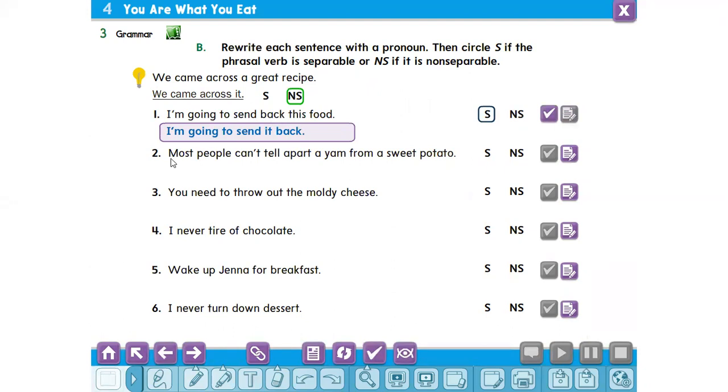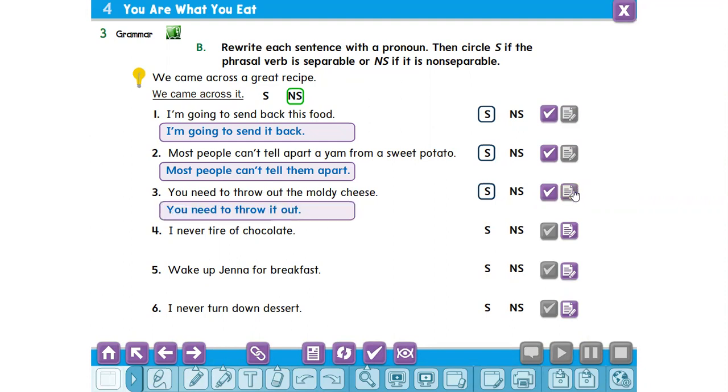Number 2, most people can tell apart a yam from a sweet potato. Separable. We can say most people can tell them apart. Number 3, you need to throw out the moldy cheese. It's also S, separable. We can write you need to throw it out.